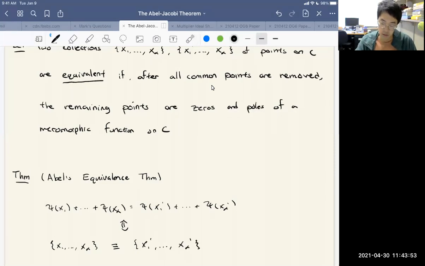So there's some relationship between collections of points on this Riemann, I guess open Riemann surface for right now C, and these abelian integrals.